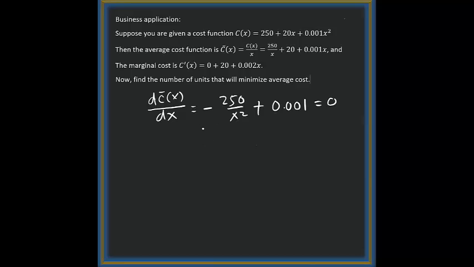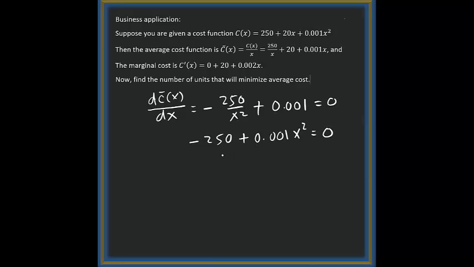So we can easily see that if I multiply by x squared, we get negative 250 plus 0.001 x squared equals 0.